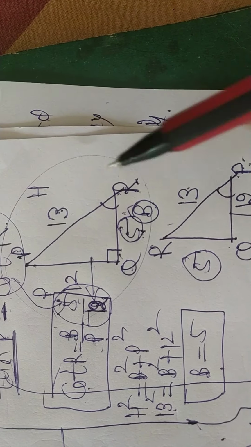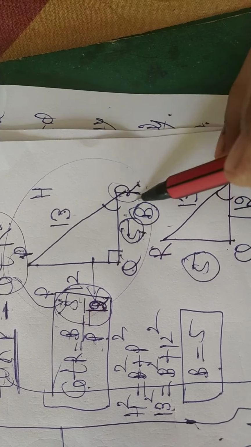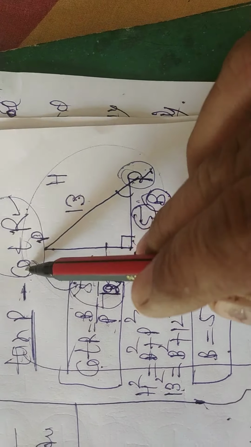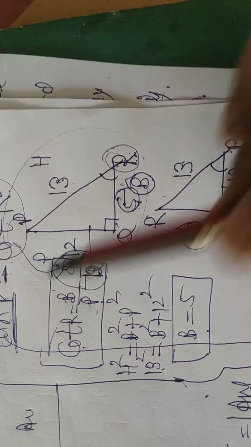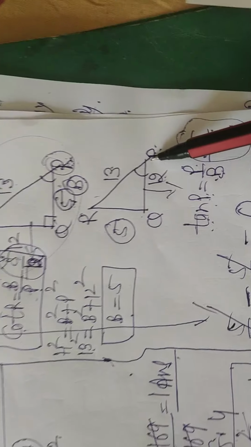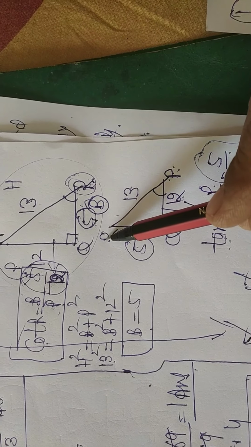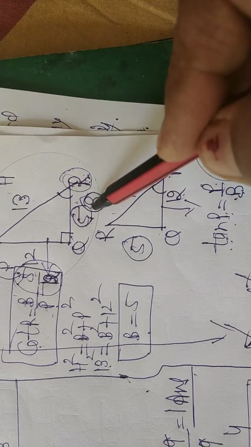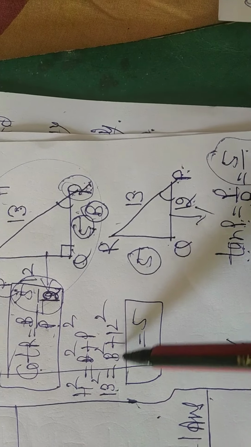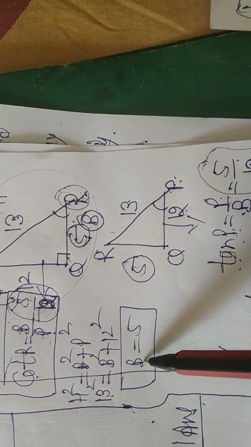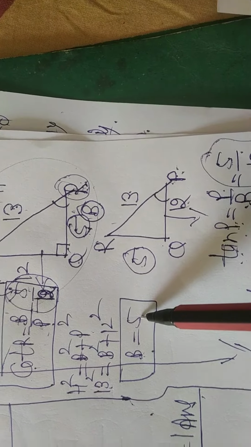Now this is R, so I can find out only cot R from this. To find it, P should be in the base. So I redraw the figure, P down and R up. I will label again, and by using the Pythagoras theorem, h square equals b square plus p square, I will find out the value of base, and I got 5.